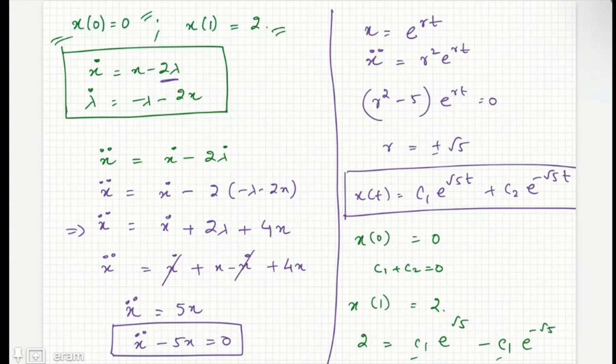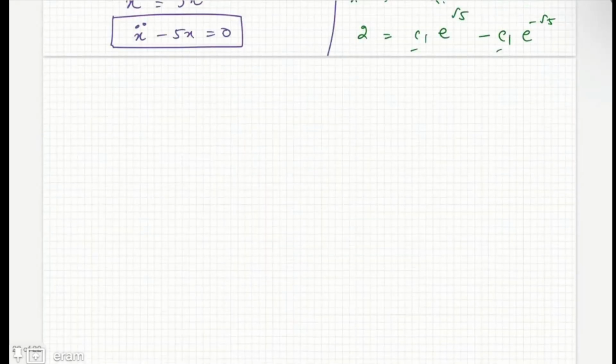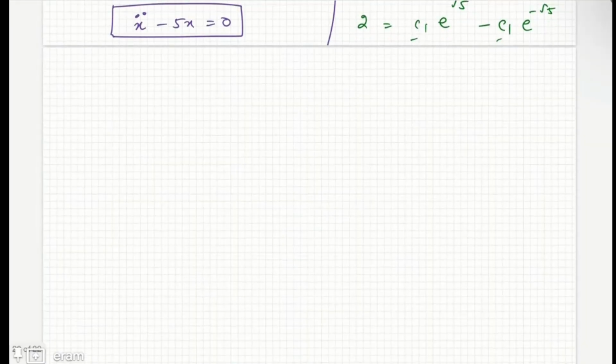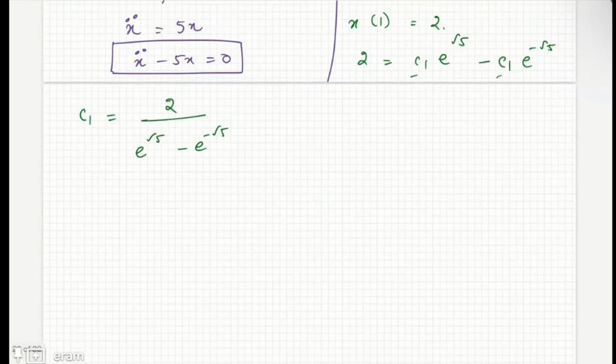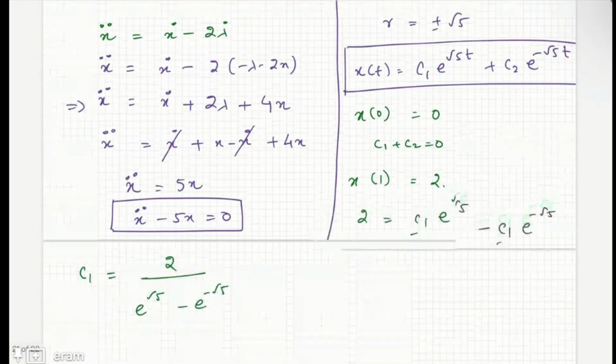From here we can calculate c1. So c1 will be 2 divided by e to the power root 5 minus e to the power minus root 5, and c2 is nothing but the negative of c1.